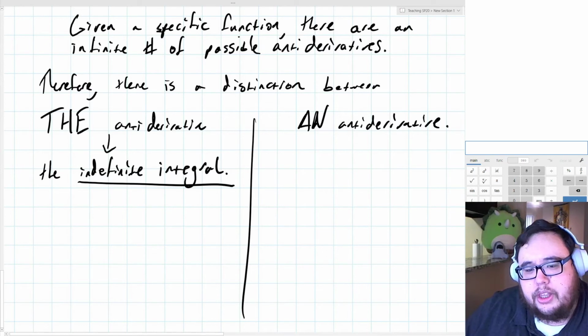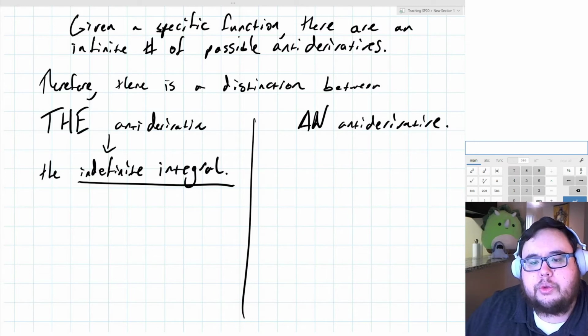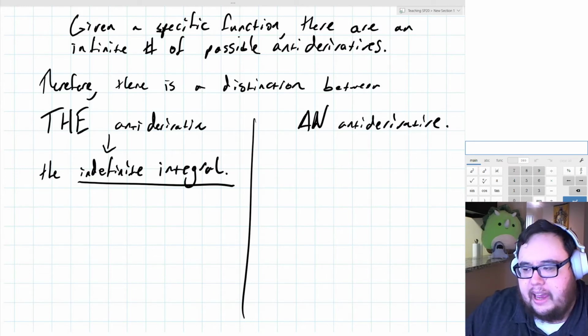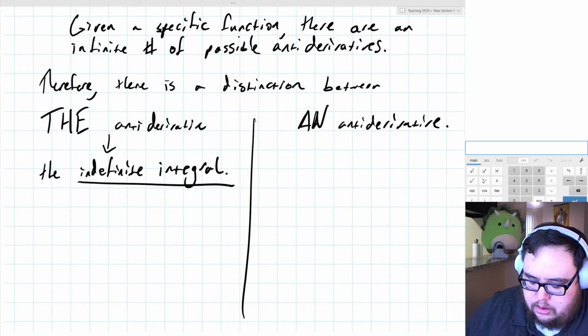And when we're referring to the antiderivative or an indefinite integral, what we're looking for is something that encompasses every possible one of these.